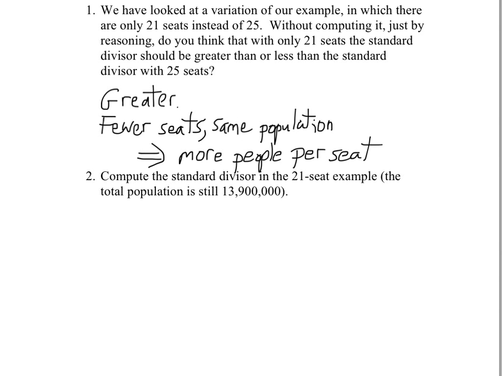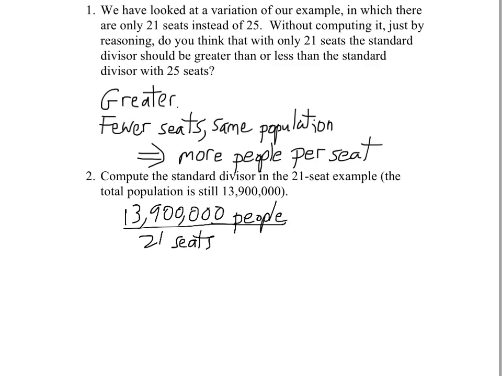To compute this new standard divisor, we compute total population, 13.9 million, divided by number of seats, which is 21. Just to be precise, I'm going to indicate units here. 13.9 million people spread out across 21 seats, and that equals 661,995 people per seat.